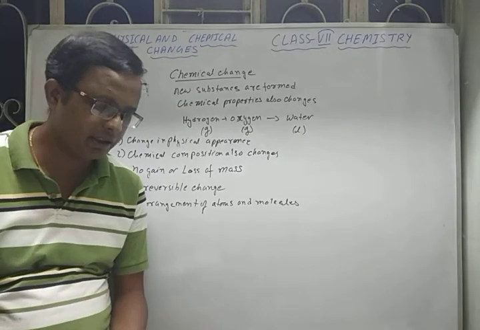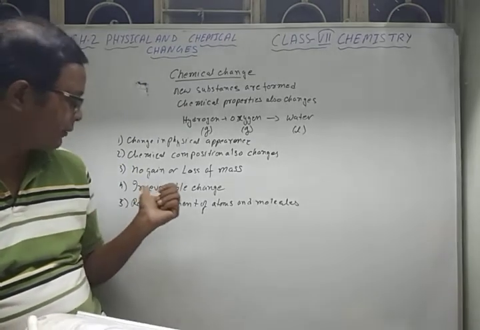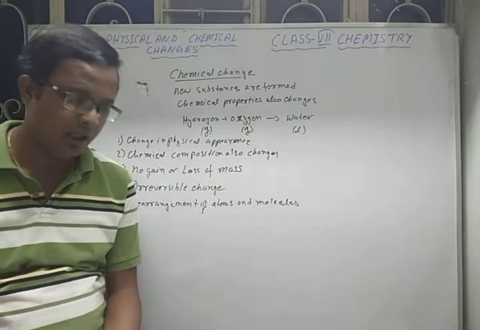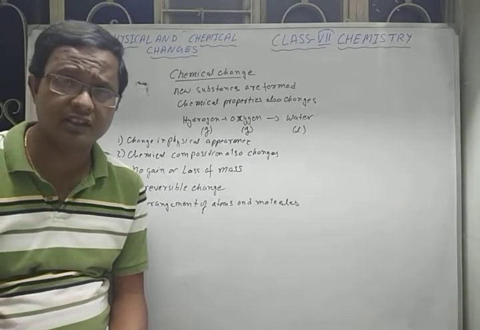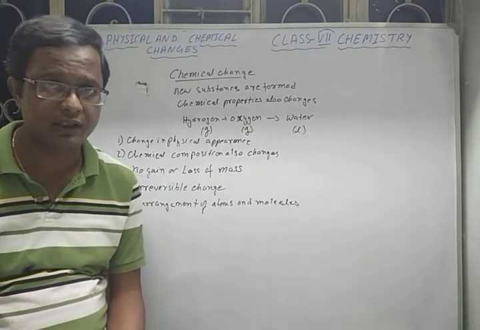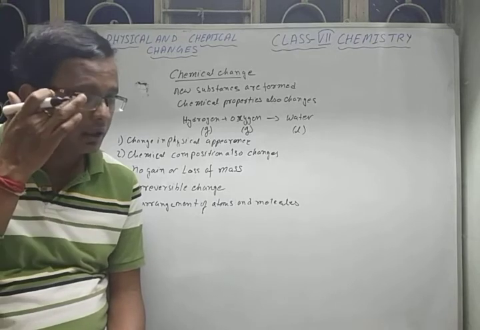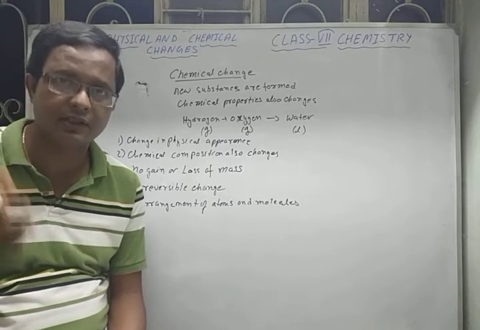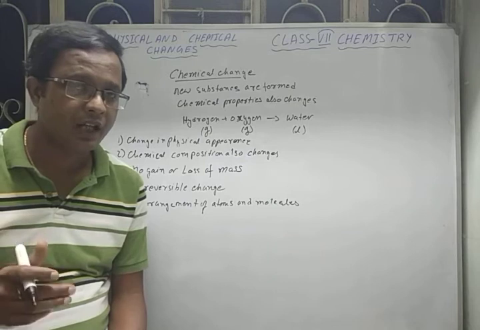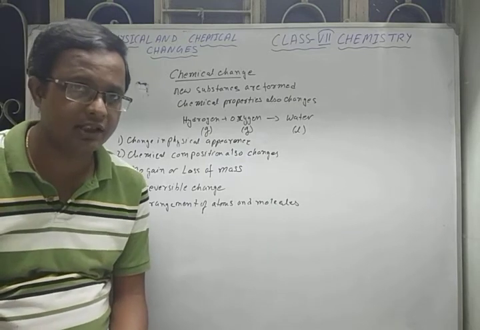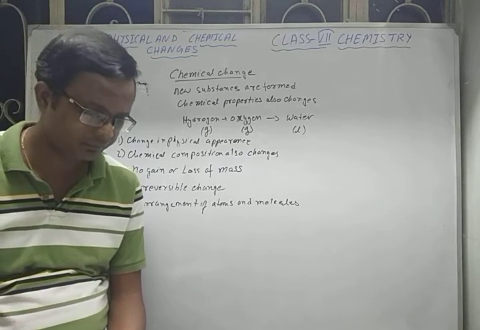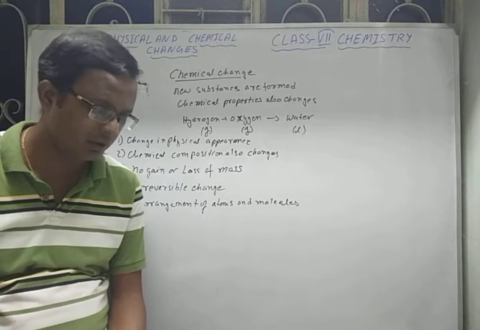I said chemical changes are irreversible, but sometimes chemical changes are reversible also, like physical changes. Physical changes are reversible, but sometimes they are irreversible also, as I told you in the last video.